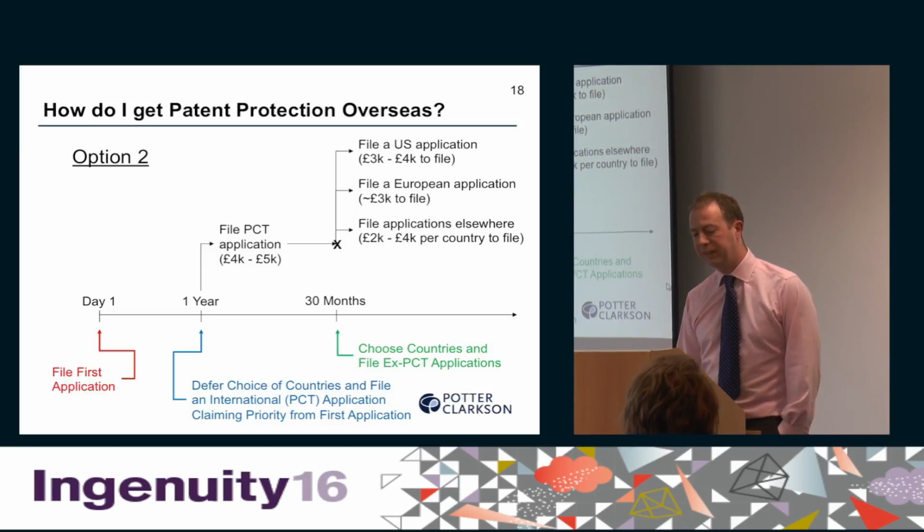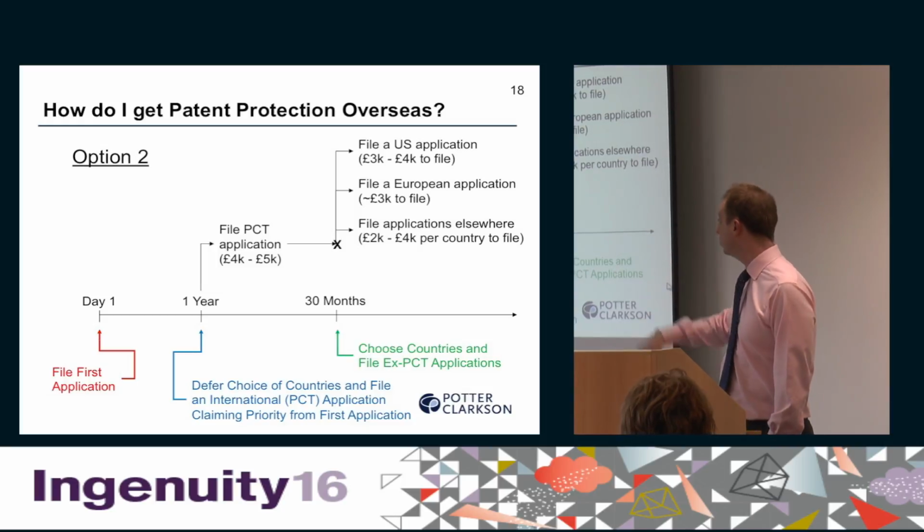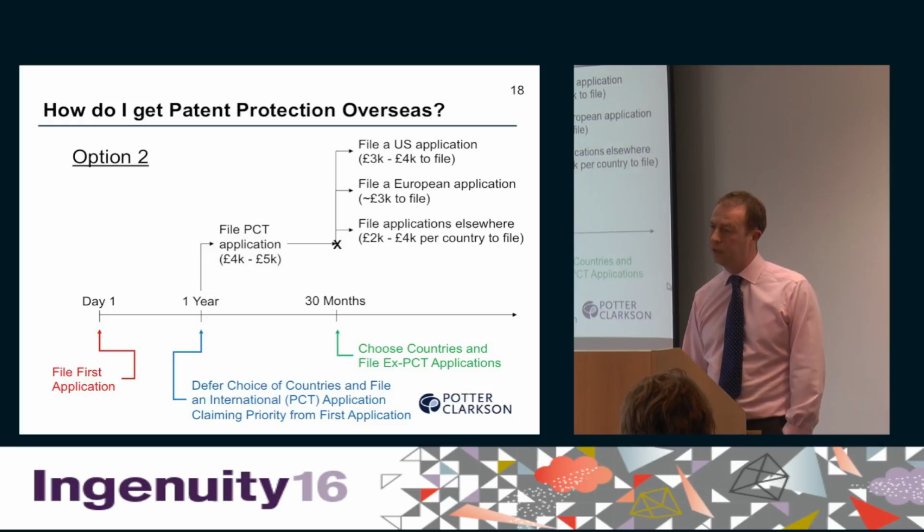So you can do that by filing an international PCT application at the 12-month date, and that will take your final choice of countries up to 30 months. So you can see there is the additional cost of the £4,000 to £5,000, but if looking for investors, potentially, you have kept your options open.